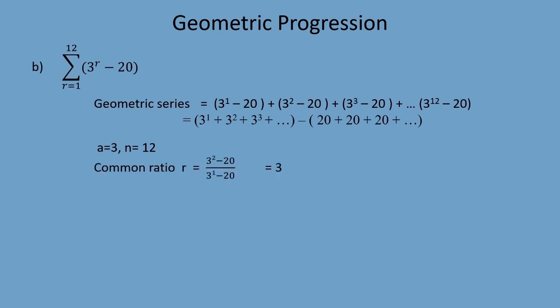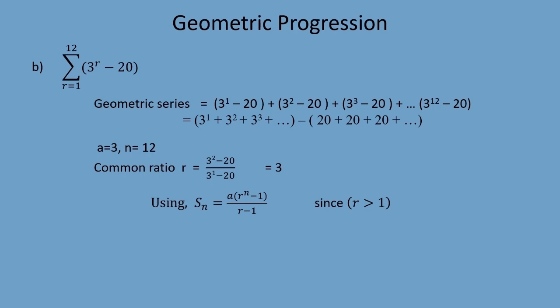Common ratio r is equal to 3 to the power 2 minus 20 divided by 3 to the power 1 minus 20. By adding 20 in numerator and denominator, plus 20 and minus 20 get cancelled in both, and we get 3 to the power 2 by 3 to the power 1, which is 9 by 3 is equal to 3. Since r is greater than 1 we use this formula.